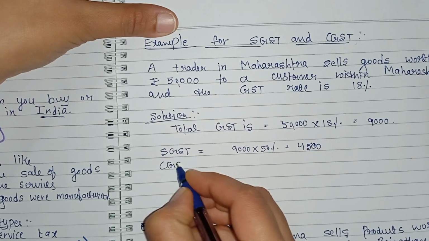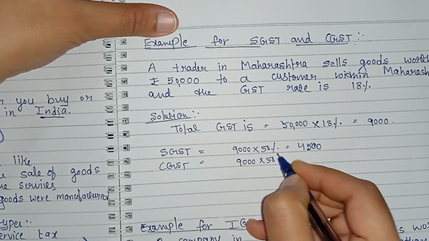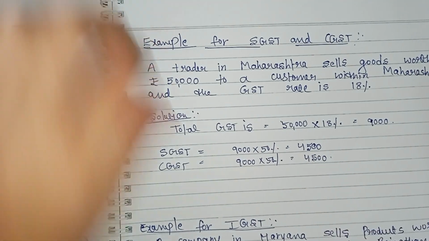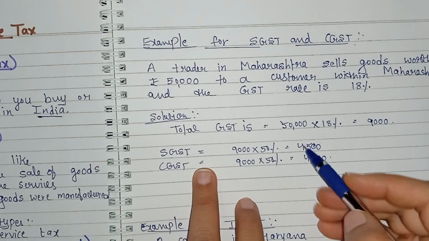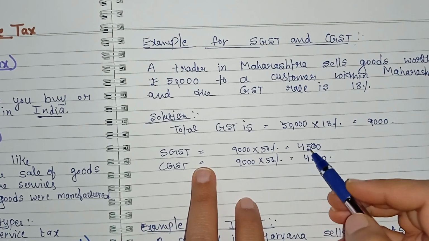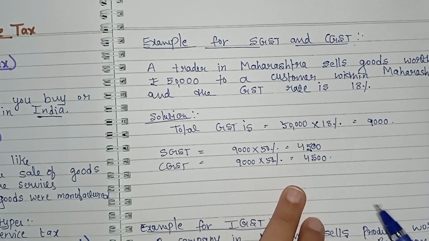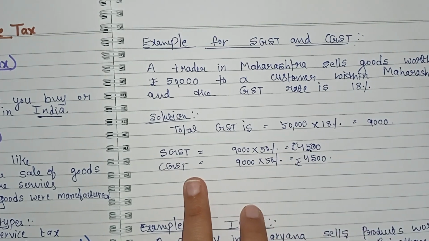And what about CGST? Same, 9,000 into 50%, that is 4,500. So rupees 4,500 that goes to the Maharashtra state government and rupees 4,500 that goes to the central government.